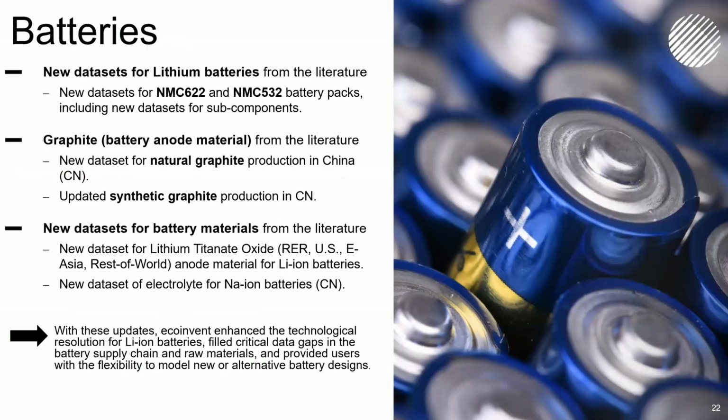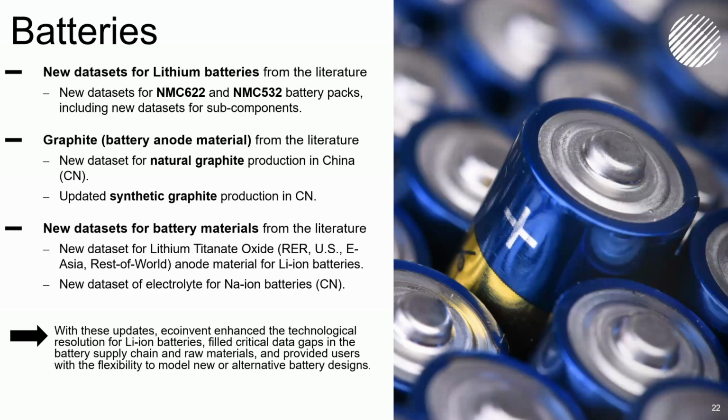The other sector we have updated is the battery sector. For this sector, we have enhanced our battery-related datasets with new data from literature sources, particularly focusing on lithium-ion battery technologies. This update includes comprehensive datasets for both NMC 622 and NMC 532 battery packs, along with detailed subcomponent data for these configurations.